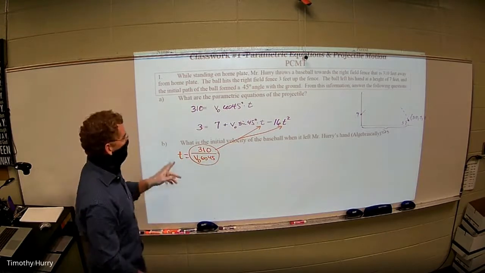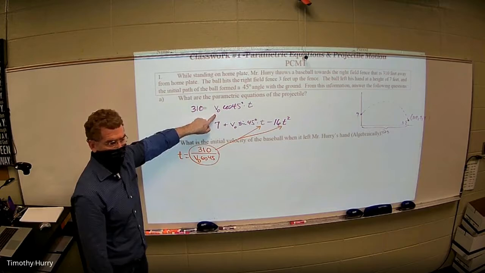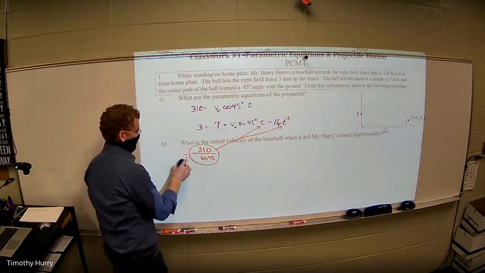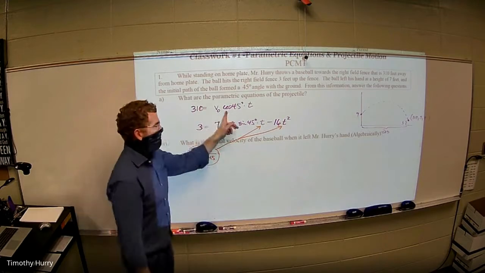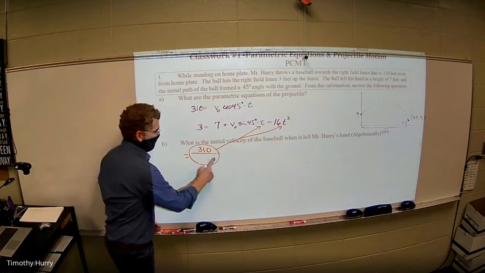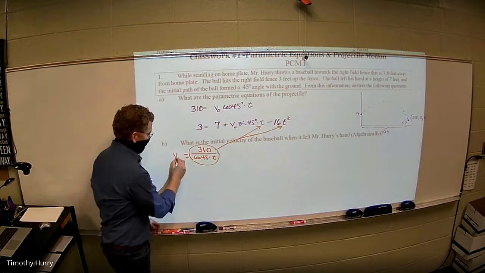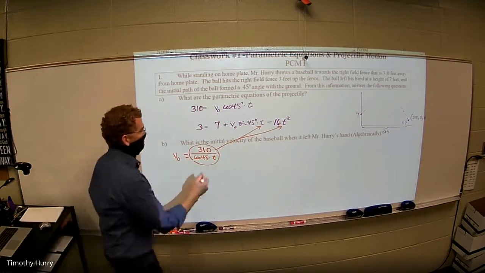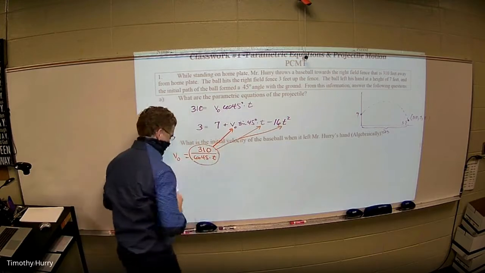Now, if I solve for VO, what would you do? I would divide by cosine 45 t. So if I solve for VO, the nice thing about that is I only have to make one substitution, which is right there.